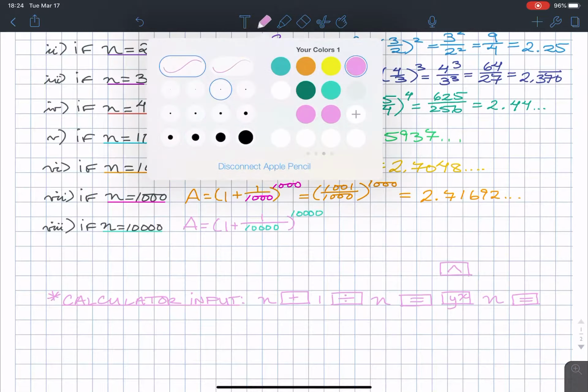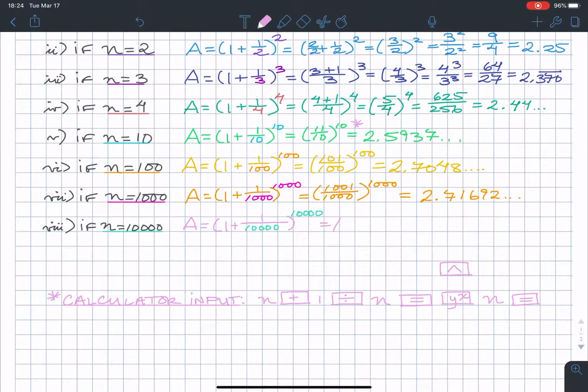And of course, we know that that gives us 10,001 all over 10,000 raised to the 10,000. And guess what? That gives us 2.718. So once again, I am not getting larger at all. It's like I'm plateauing.